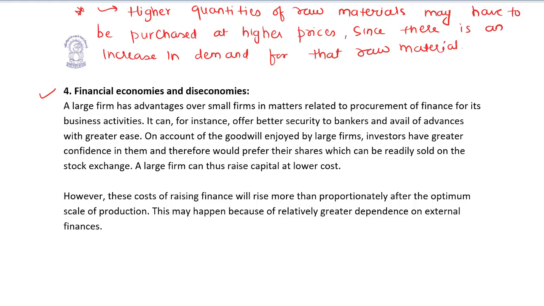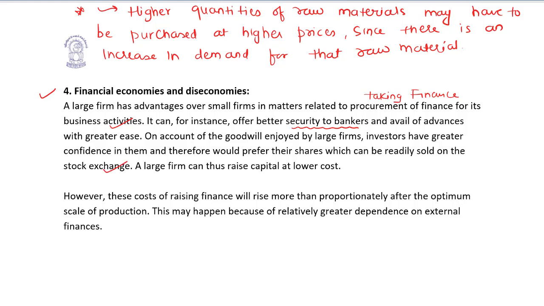A large firm has an advantage over a small firm in matters related to procurement of finance, or opting for finance for its business activities. It can, for instance, offer better security to bankers and avail advances with greater ease. On account of goodwill enjoyed by the large firms, investors have greater confidence in them and therefore would prefer their shares, which can be readily sold on the stock exchange.